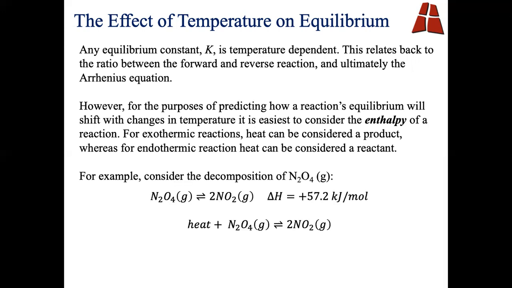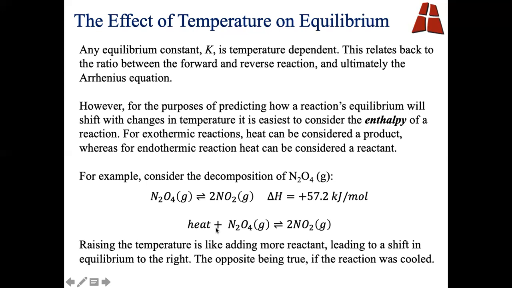If, for example, we had this reaction here where we have N2O4 decomposing into 2NO2, both of these are gases, and we're told that the enthalpy for this reaction is plus 57.2, that would mean this is an endothermic reaction, meaning we can consider heat to be a reactant there.